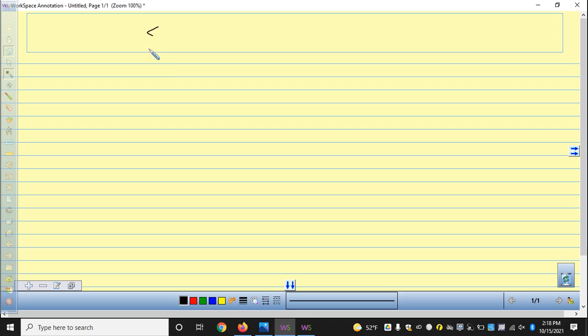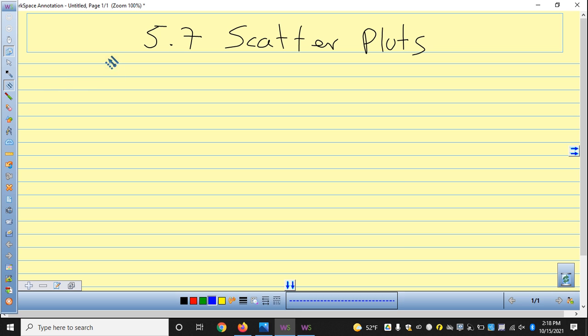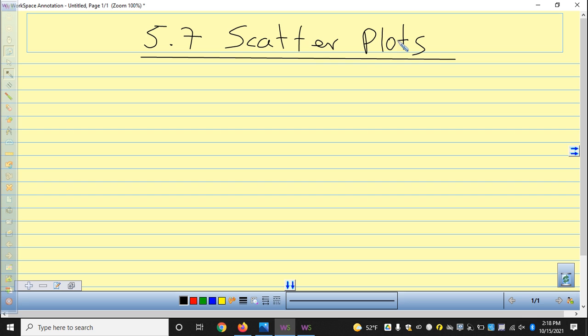All right, so we're skipping over section 5.6. We're going to 5.7. So scatter plots are just a way of plotting points of data.